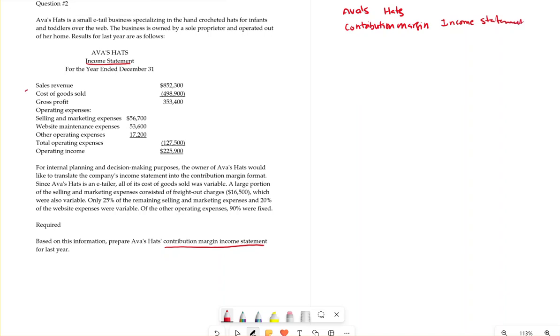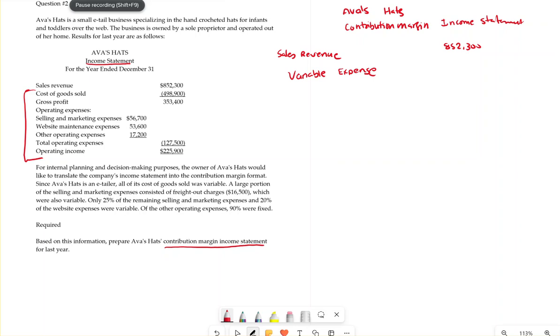So again, we started off with the sales revenue. That is my sales revenue, and then what do we have? We have my variable expenses, so we have to list all the variable expenses. So my variable revenue was 852,300. What we wanted to know was which ones are your variable expenses and which ones are your fixed.